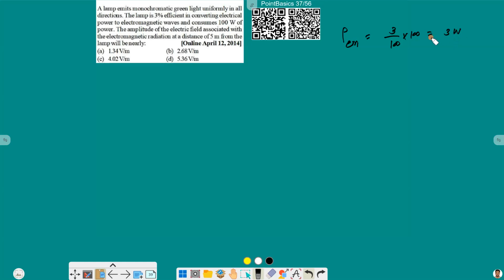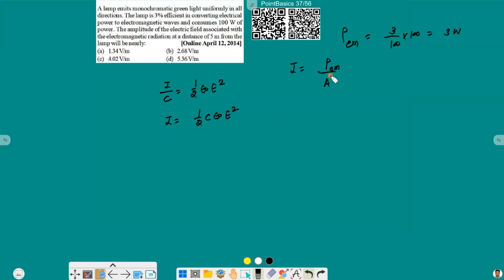Now we know that intensity is equal to power by area, so this will be P_EM by area, and from the EM radiations we know that I by C is equal to half epsilon naught E square. So from this, I is equal to half C epsilon naught E square.